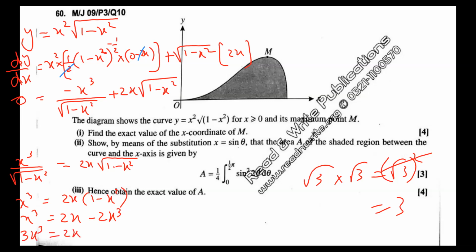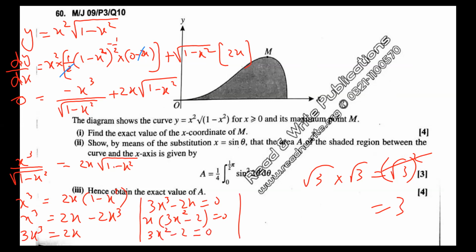And then what to do? 3x cube minus 2x is equal to 0. Take x common out, and you get x times (3x to power 2 minus 2) equals 0. Either x is equal to 0, which is not possible, or this is equal to 0. It means I will get 3x to power 2 minus 2 equal to 0.